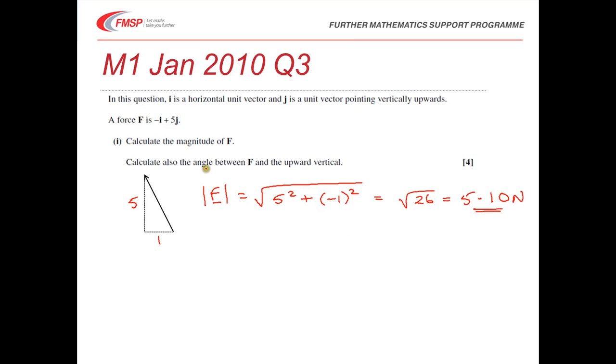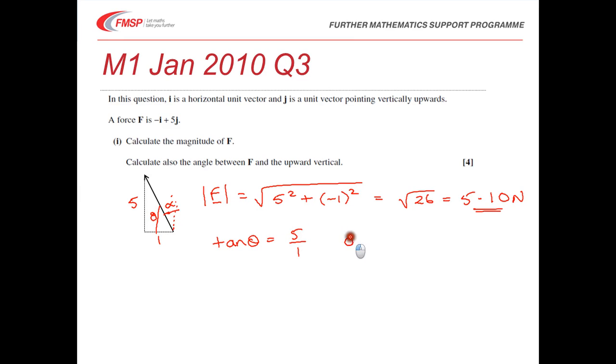We also need to calculate the angle between F and the upward vertical. Now the upward vertical would be up there, and so we want this angle here, which I'll call alpha. So what I'll do to start off with is I'll work out this angle here, theta. We've got the opposite and the adjacent, so tan theta, opposite over adjacent.